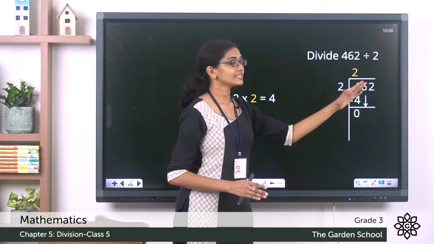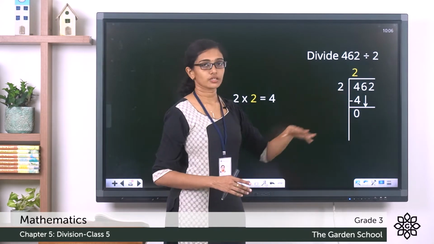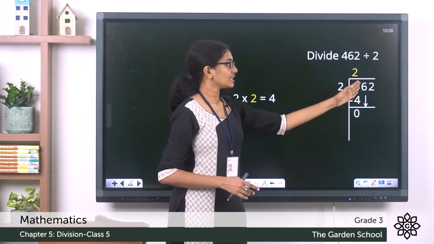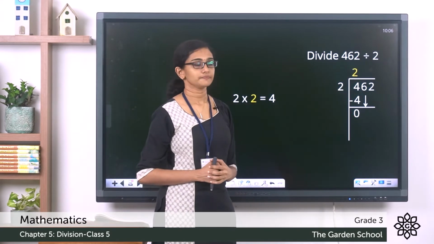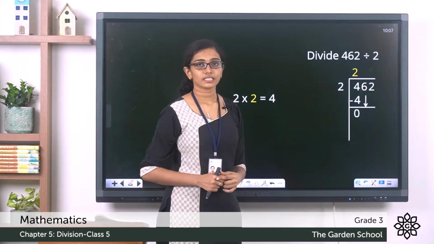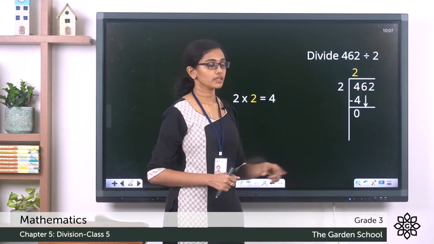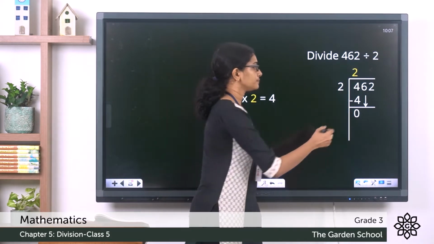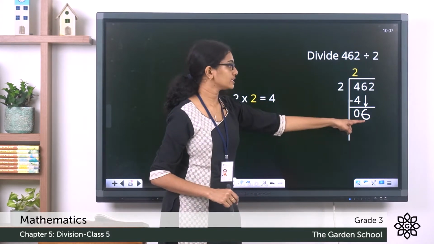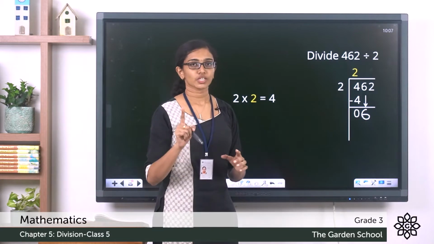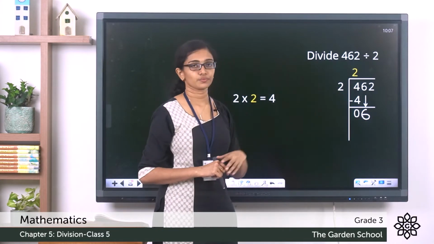Now, there are digits remaining in the dividend which are to be divided. So, let's bring the next digit of the dividend towards the bottom. The next digit is the tens digit, which is the digit 6 here. So, let's bring down the 6 here. Now, we have to divide this 6 by 2, just like we had divided this 4 by 2.